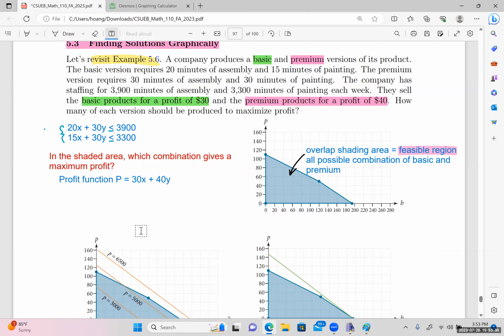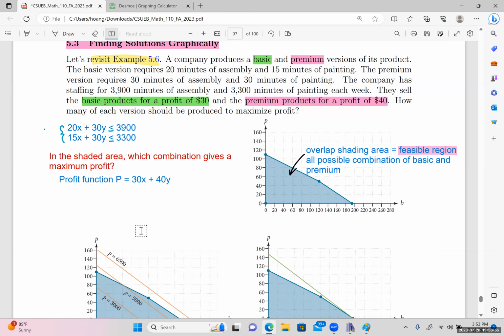Okay, and now we need some idea to maximize this function.